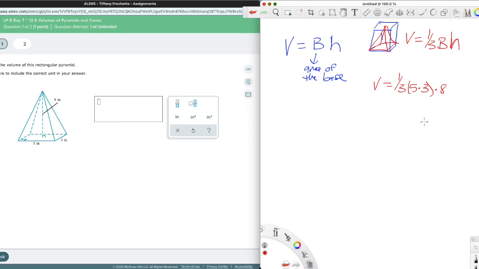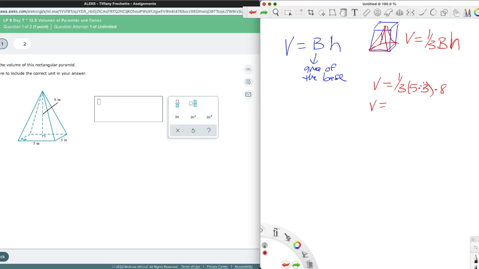So now I can rearrange this. I'm associating the 5 and the 3 with the parentheses because I wanted to make sure you knew those were the base here. I'm replacing B with 5 times 3 because it's length times width. But the parentheses aren't really necessary, and I can also move them around.